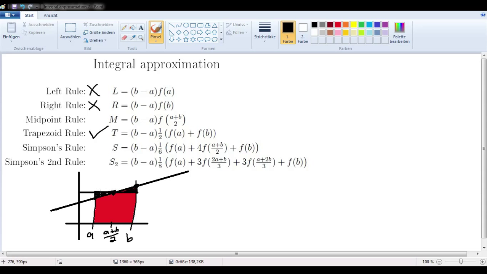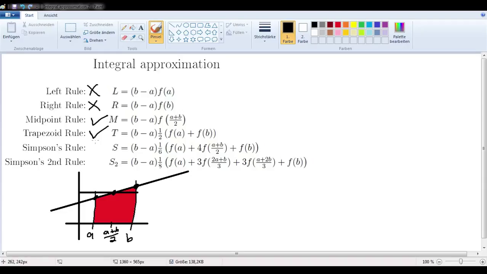So if 2 of those 3 sides in the triangle are the same, then the third one's going to be the same, because these angles are also the same. So these triangles have the exact same area. So they're basically just canceling each other out, right? So the midpoint rule does work.